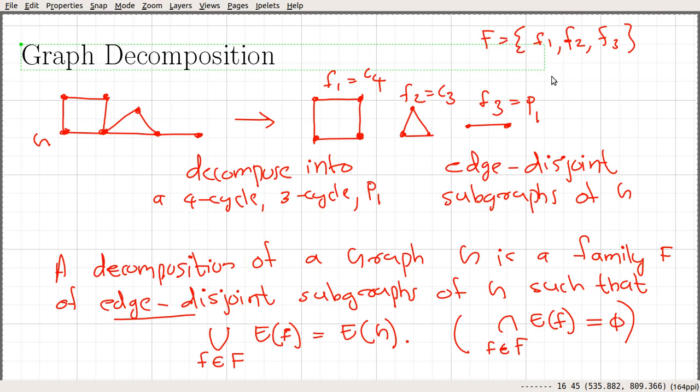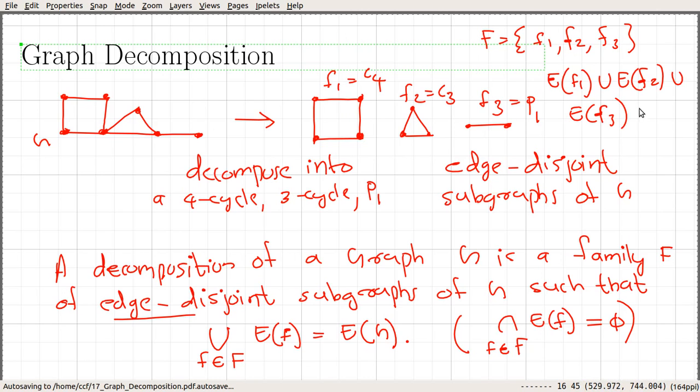If you take the edge set corresponding to F1 and take the union with the edge set corresponding to F2, this triangle, and the union with the edge set corresponding to F3, this path, we get the edge set corresponding to our original graph G.